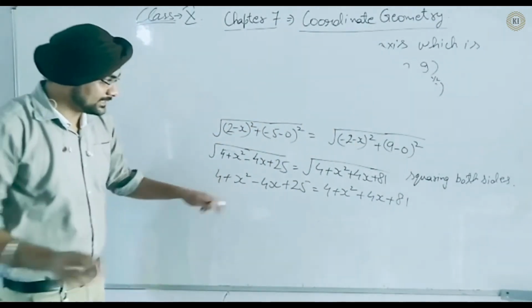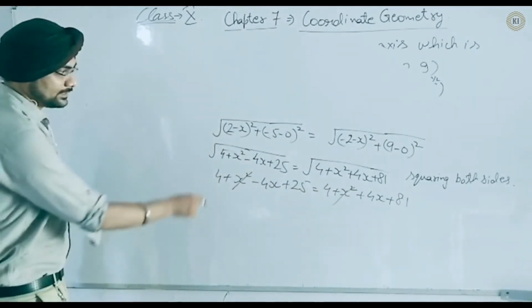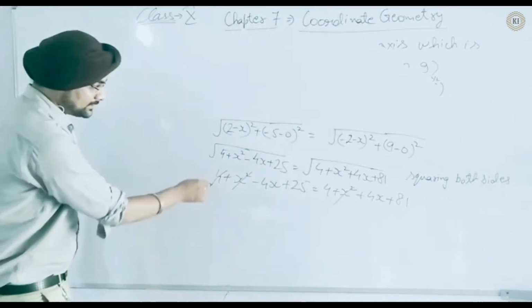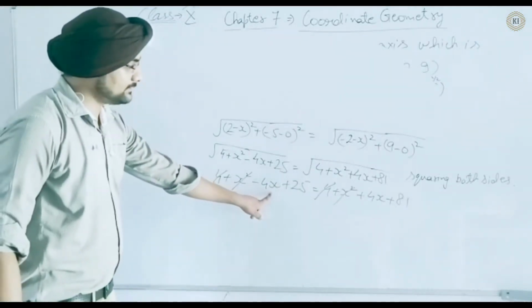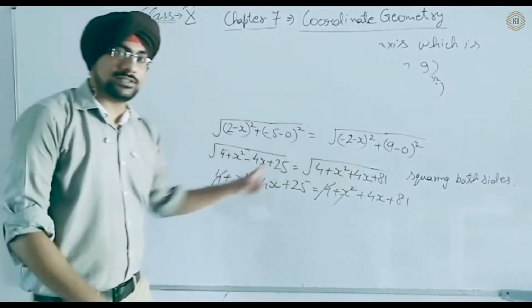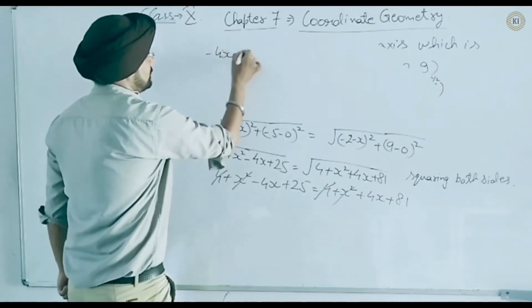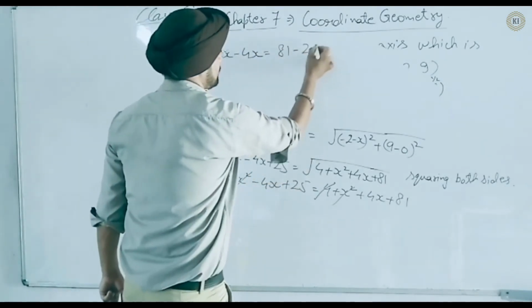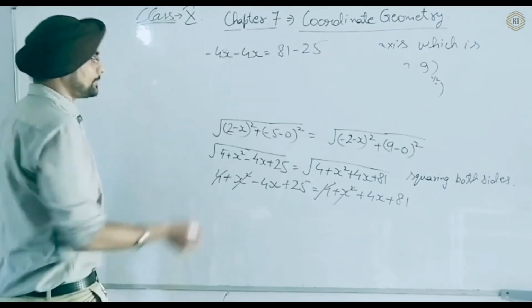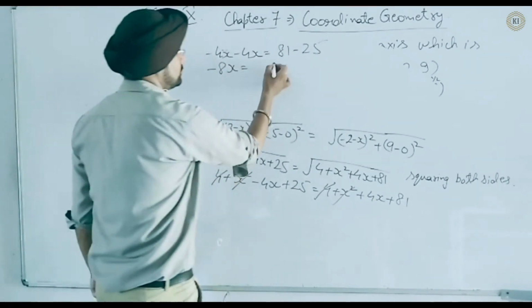Now x square and x square will be cancelled, and plus 4 and plus 4 will be cancelled. So we transfer this side, and minus 4x minus 4x is minus 8x is equal to 81 minus 25.